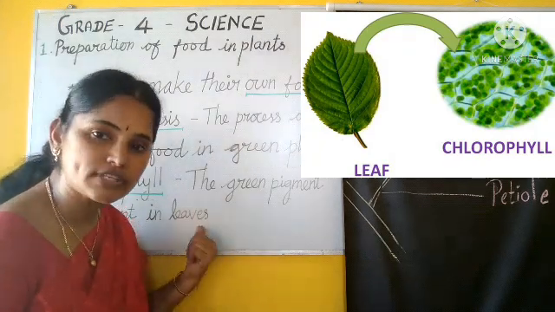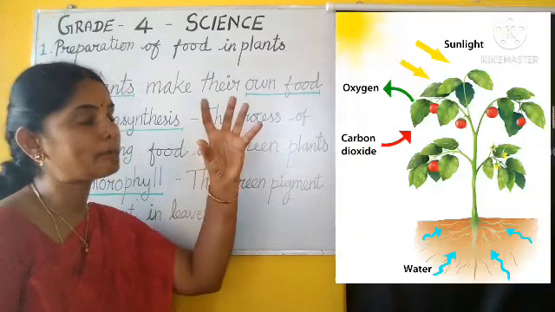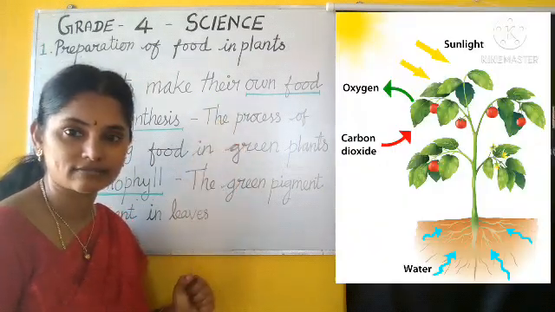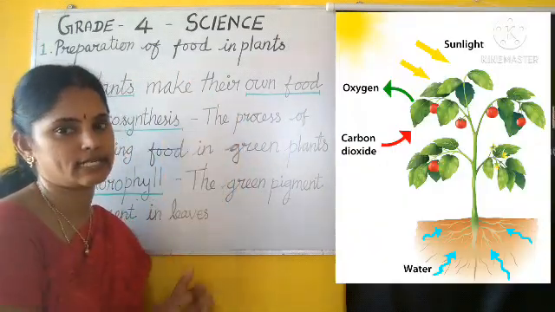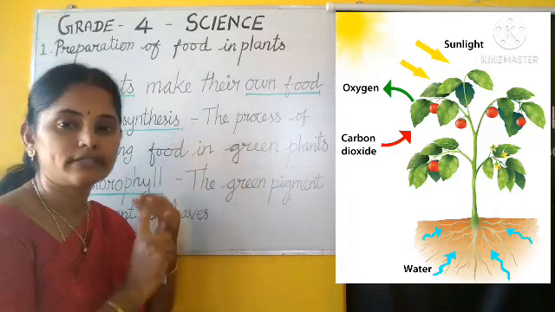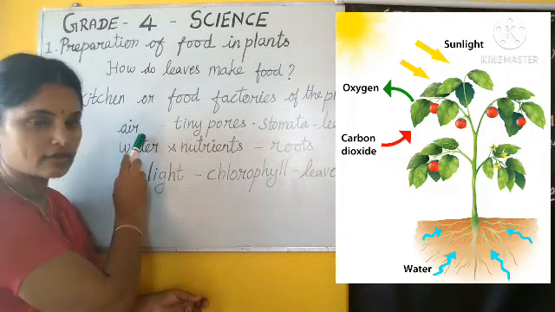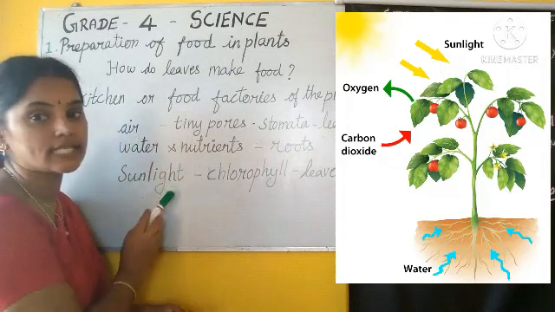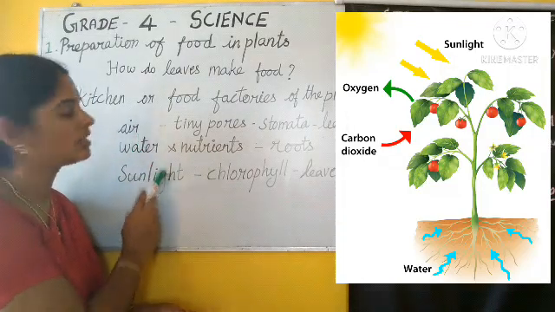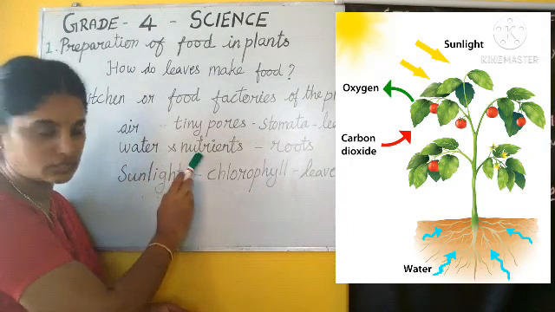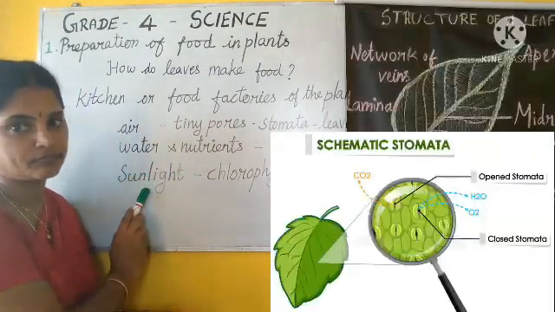What is the work of this chlorophyll? Trapping, absorbing the sunlight. So what things are needed for the plants to prepare their food? Air, water and nutrients, sunlight.